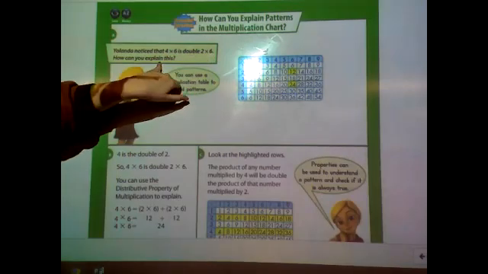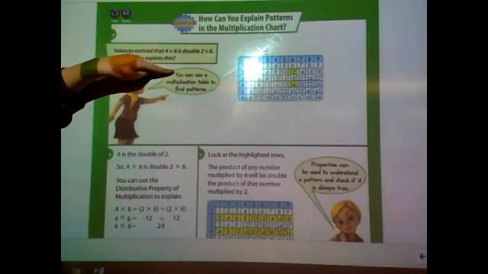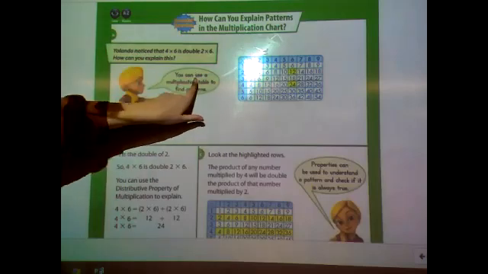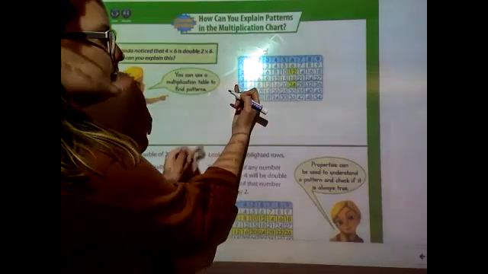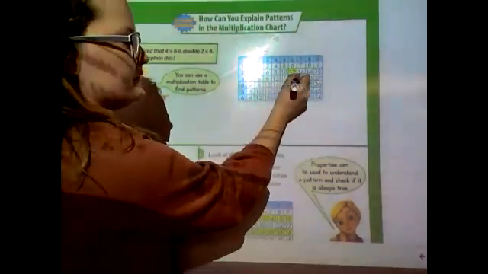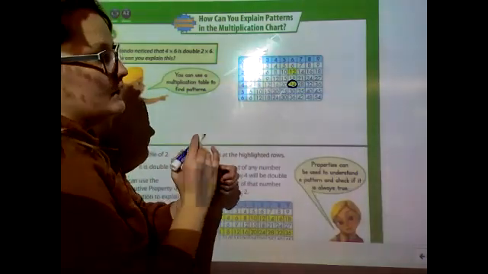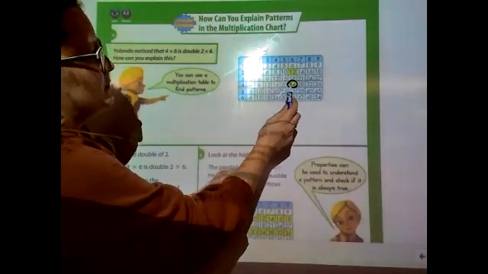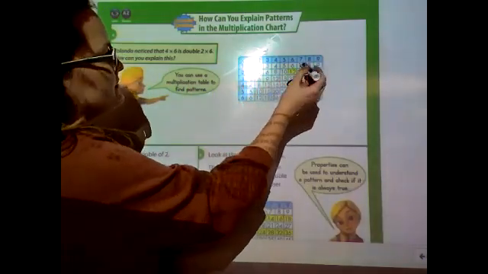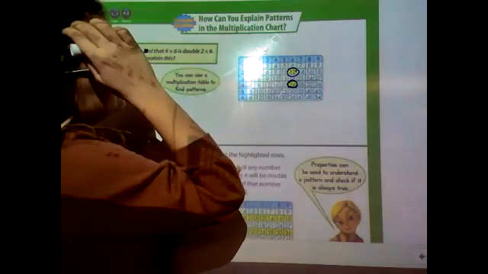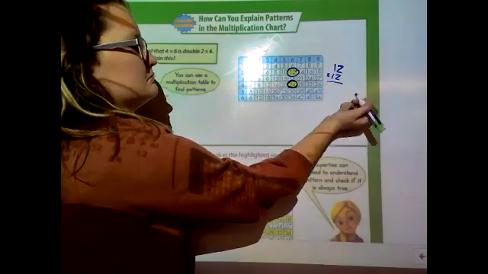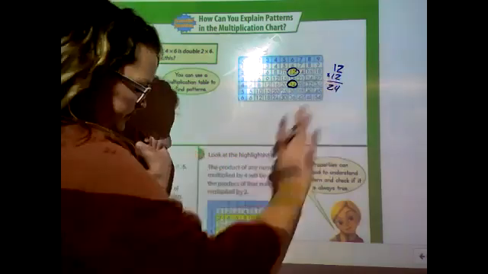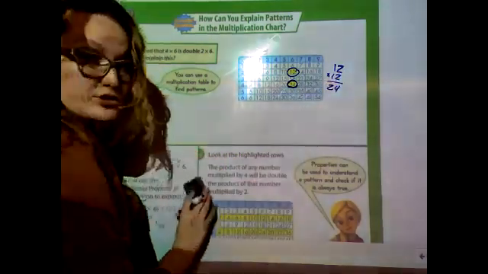How can you explain this? You can use a multiplication table to find patterns. So 4 times 6, that's 24, they have it highlighted in yellow, is double 2 times 6. Yeah, what is 12 plus 12? That's 24. You don't need to write that down, just showing you.